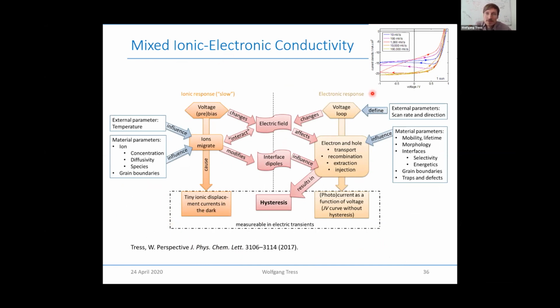So this means in principle this is a rather complex phenomenon, because what we are measuring in this case is mainly the electronic response. So this is all the photocurrent signal, and we see this hysteresis because this photocurrent, the recombination at open circuit, for example, I was discussing the surface charge carrier extraction, becomes influenced through the electric field by this ionic response.